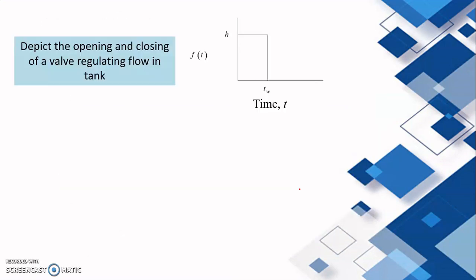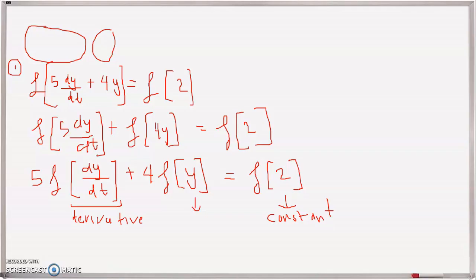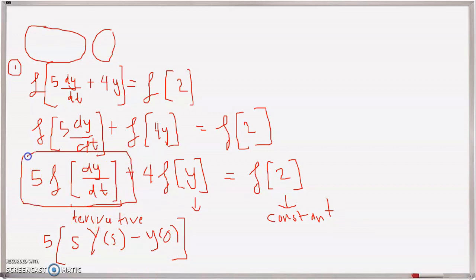Putting the constant in front, the Laplace transform of this one is equivalent to 5 times s capital Y(s) minus y(0), close the bracket. So for this expression, we already solved the Laplace.